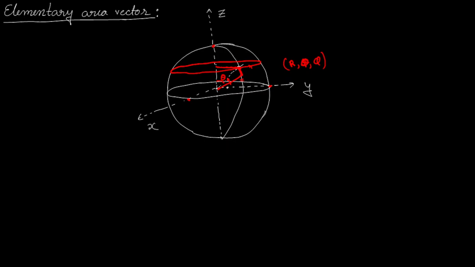Then it comes back to this point. Now increase the value of phi by a small angle d phi. At that time, this point will shift along the red line from here to here.